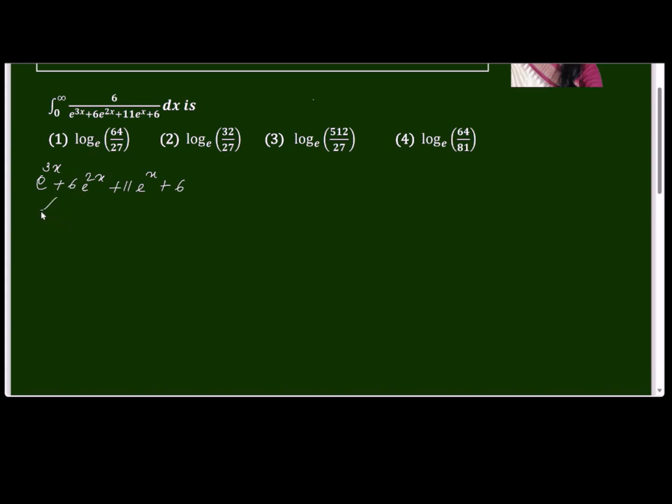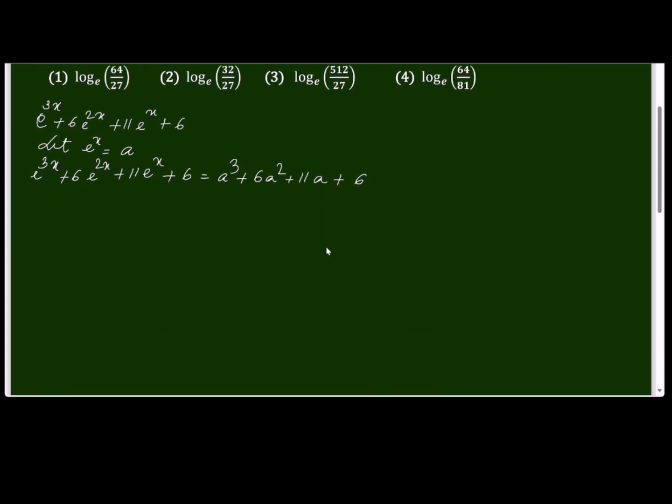So I am taking let e power x equal to a, then the denominator will be a cube plus 6a square plus 11a plus 6. So I will factorize using the factor theorem.